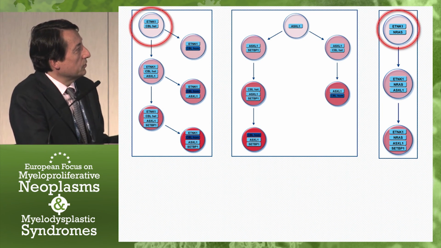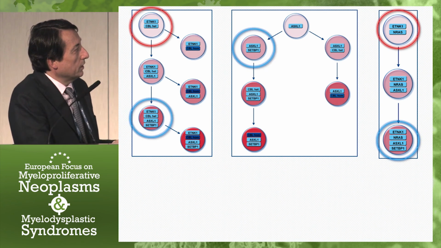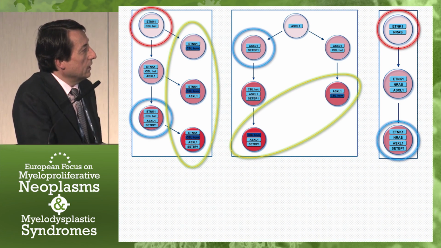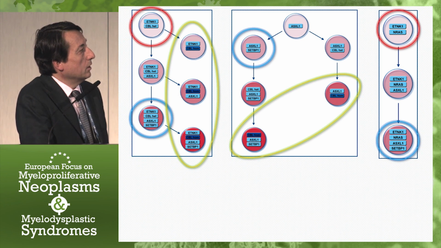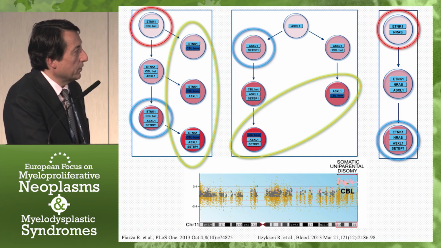So these are 3 cases with different evolution, but in all these cases you see that at least in these 3 cases ETNK1 tends to be an early event, while SETBP1 tends to come later on. And also we always see this shift toward developing homozygosity for CBL mutations, as we could also see using CGH analysis as being linked to a somatic uniparental disomy for the region where CBL is present.